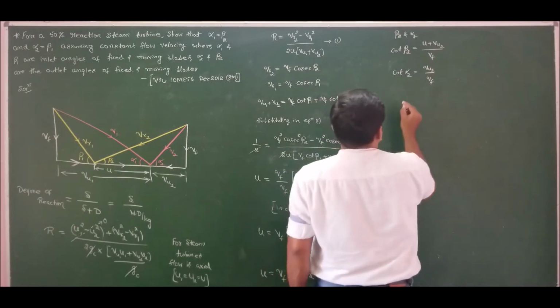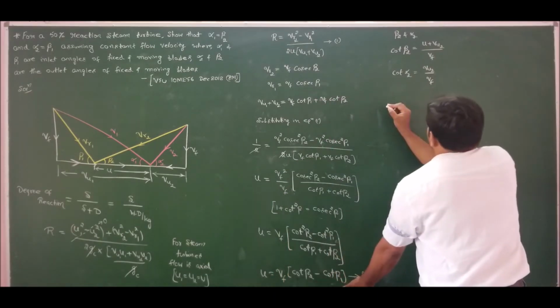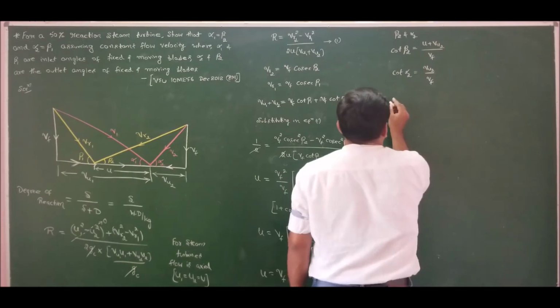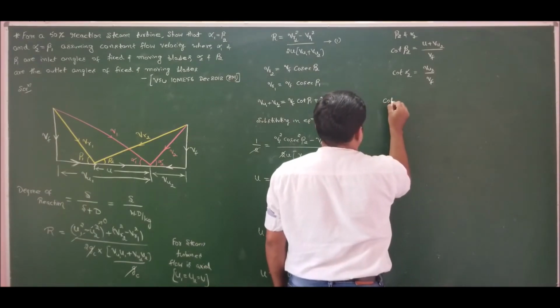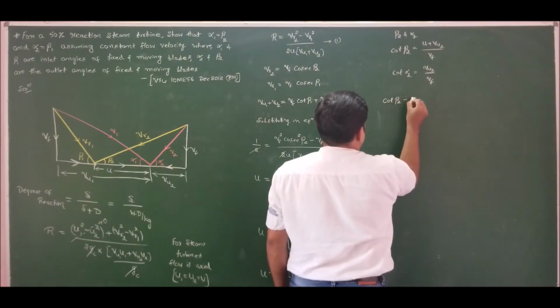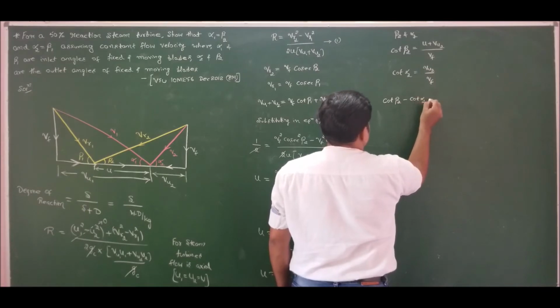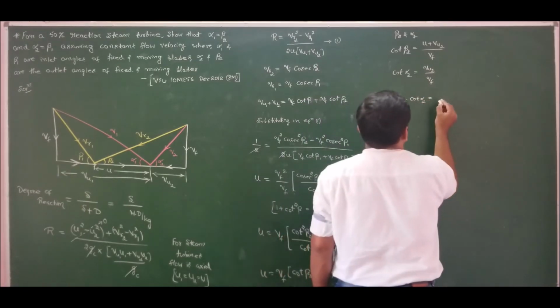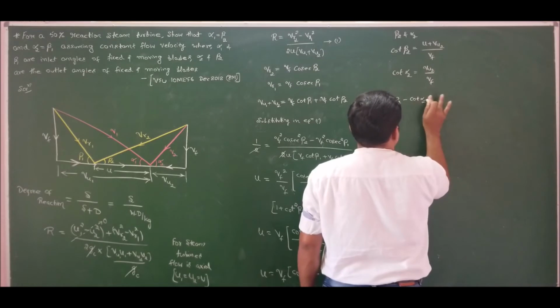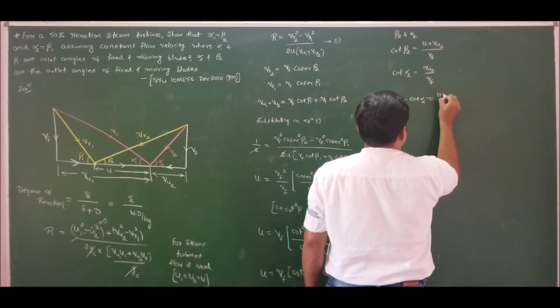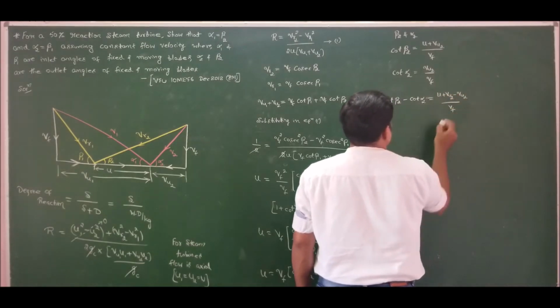So now cot beta 2 minus cot alpha 2. Taking Vf as LCM, I get u plus Vu2 minus Vu2 by Vf.